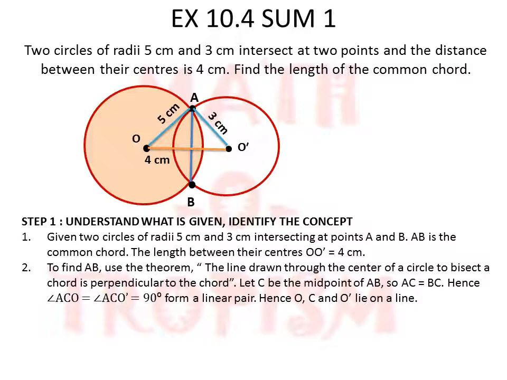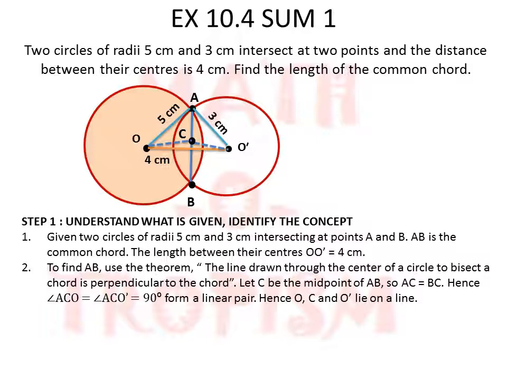So we will now take C as the midpoint of AB and join OC and O dash C. We know that since O is the center, OC is perpendicular to AB. Similarly, O dash C will also be perpendicular to AB, from the theorem we have already mentioned, that the line drawn through the center of a circle to bisect a chord is perpendicular to the chord.